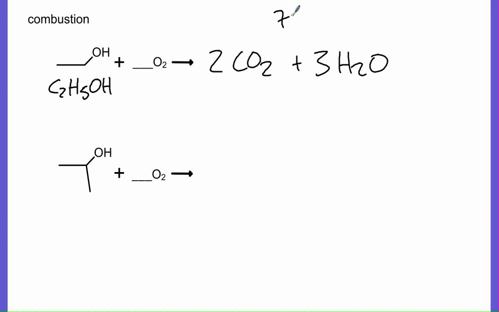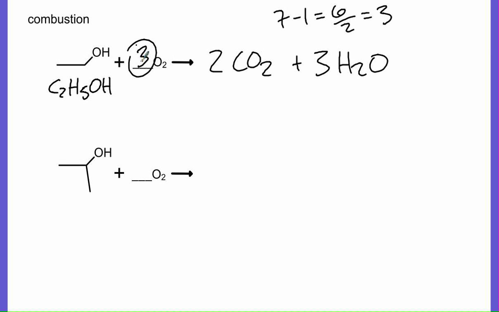All I have to do is realize that before I balance the oxygens, before I put any number in here, I need to recognize that there's at least 1 oxygen in that ethanol. So I actually have to subtract 1 from the 7 before I divide by 2, in which case I'm good to go. I didn't have to do anything special to balance this because I'm going to need an odd number of oxygens at the end of the day. So an odd number of waters is not a problem in this case. There are 7 oxygens on both sides when this is balanced.